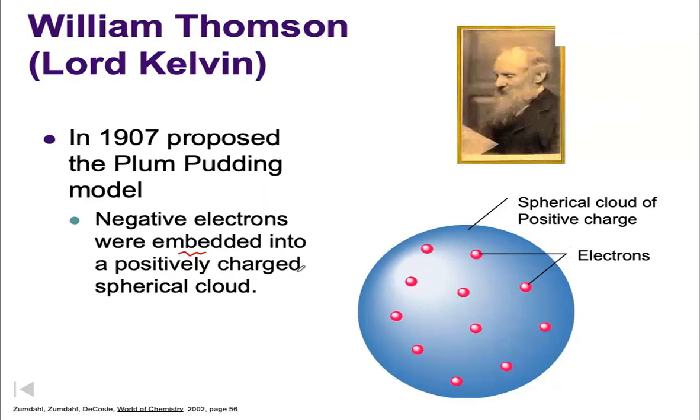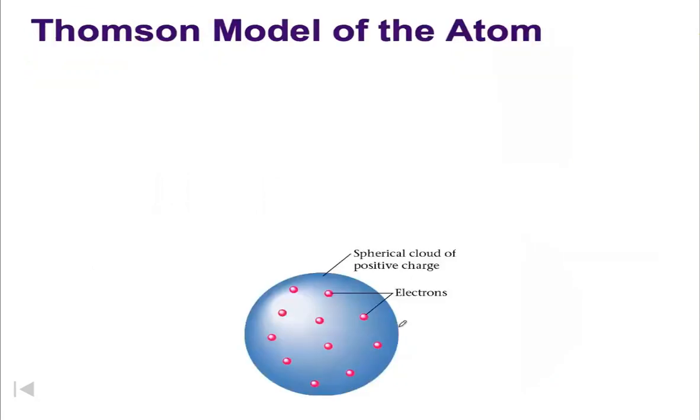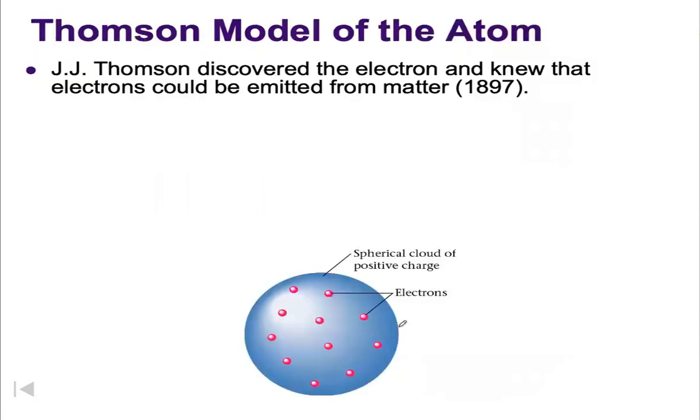You have seen the structure of a watermelon: the fluid is the positively charged part, and the electrons are like watermelon seeds, scattered randomly all across the atom. The positive charge is a cloud, or a fluid, scattered all across the atomic structure. These are some of the discoveries of Thomson.